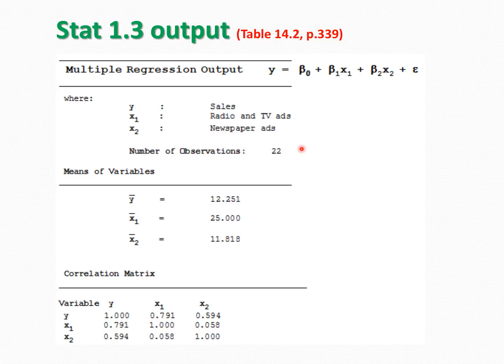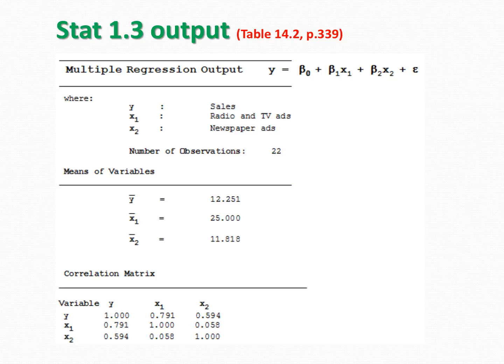Then the number of observations of 22, that will be your sample size, and they also give you the means of the variables in the next section. So here you can see how the data was recorded. It was recorded as decimal values because the means of the variables were given as decimals.